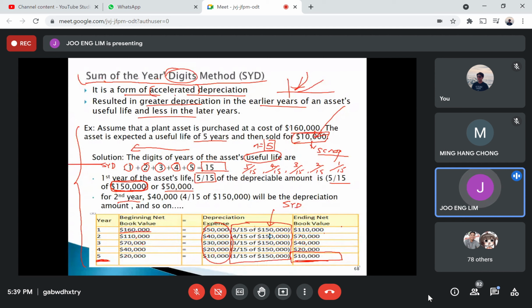That means how long it takes to depreciate is also n years. You won't make it faster in years, what is faster is the amount. But the time it takes to fully depreciate is also n. The amount is more at the beginning, less at the later.